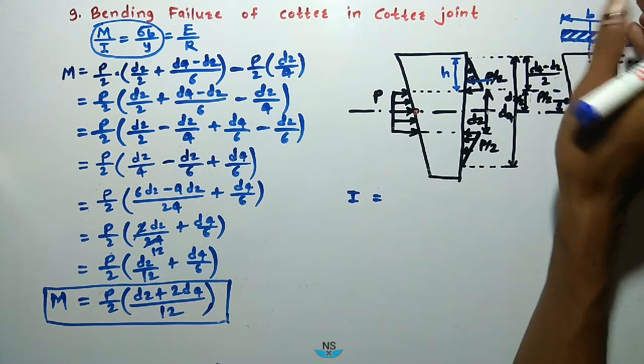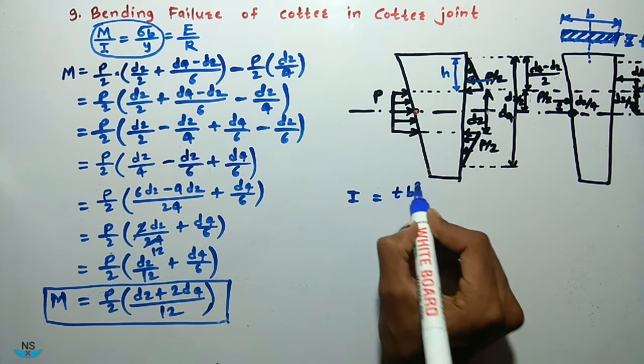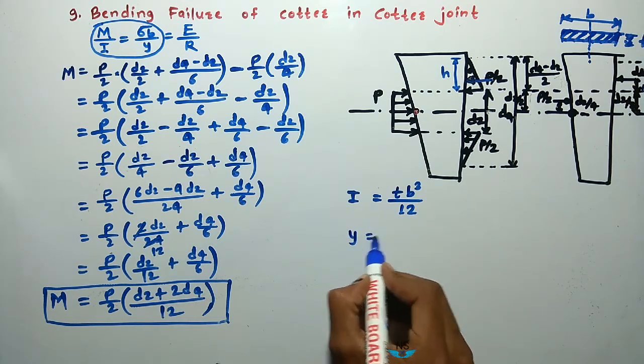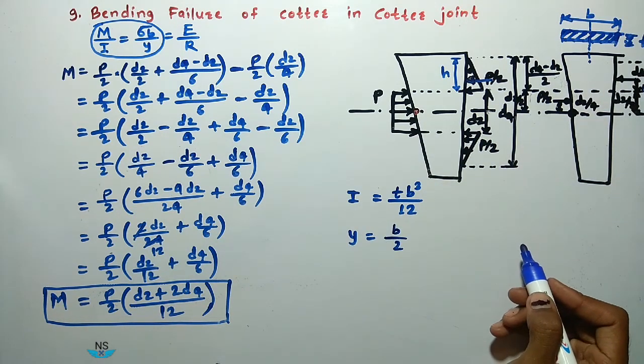So on the y-axis the moment of inertia is T B cube divided by 12, and y is B by 2.